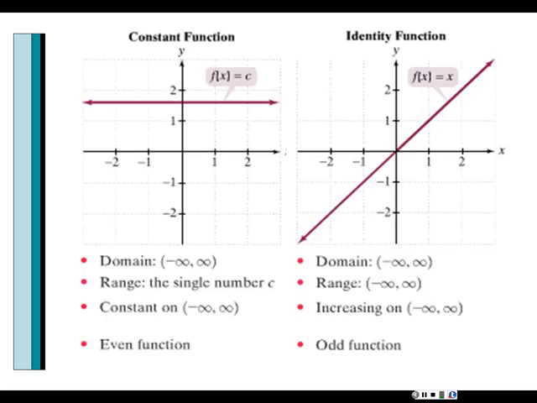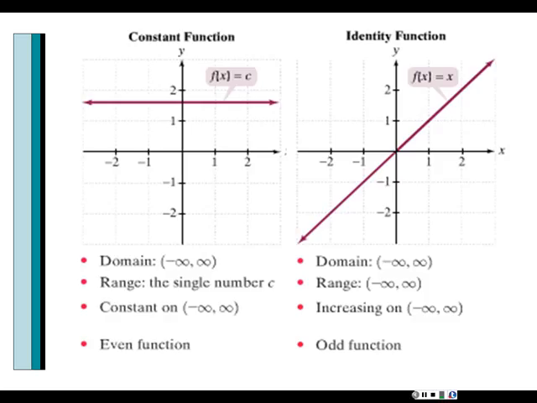Also, an even function has another property: if you have a point (x, y) on the graph, you will always have a point (-x, y) on the graph. Let's say (5, 6) is a point on the graph. So there must be a point (-5, 6) on that graph. That is true for the first function.